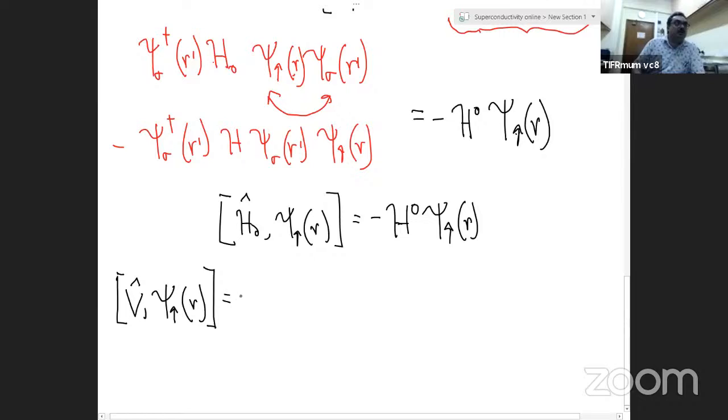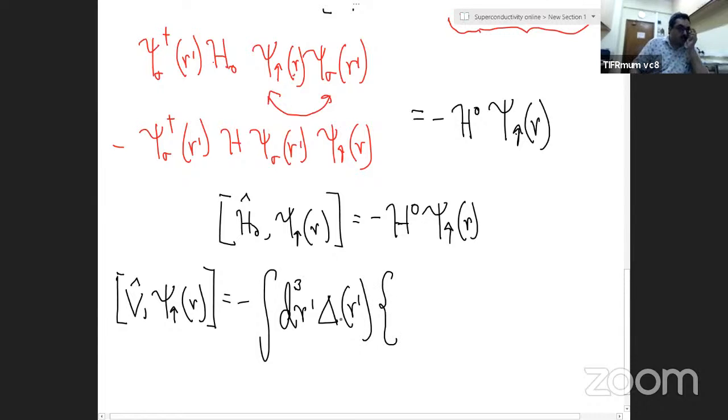You have to do it the hard way. Okay, I am assuming that the delta is position dependent but is real.